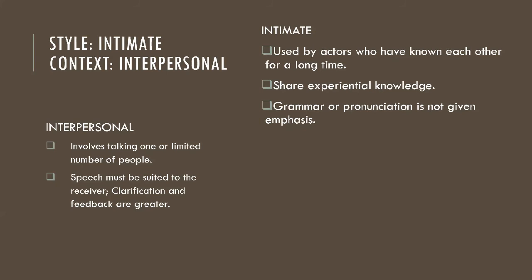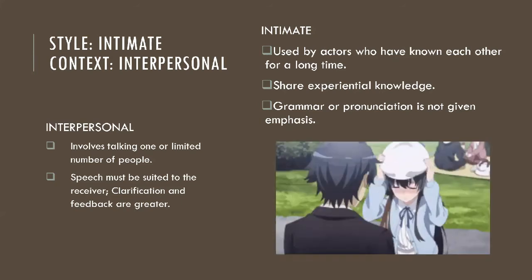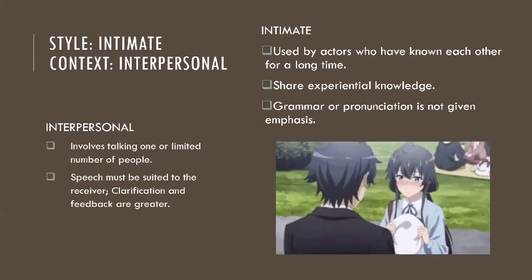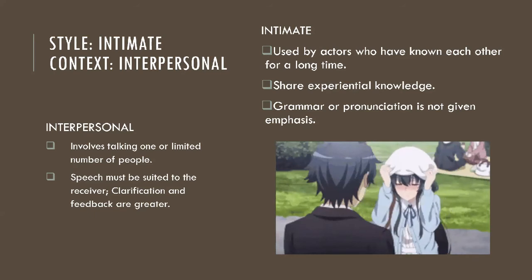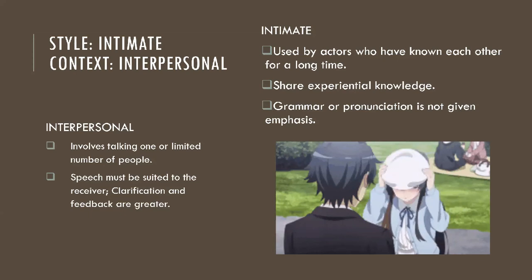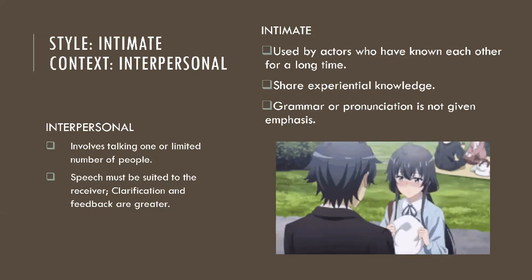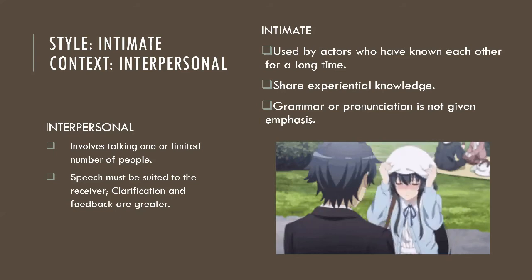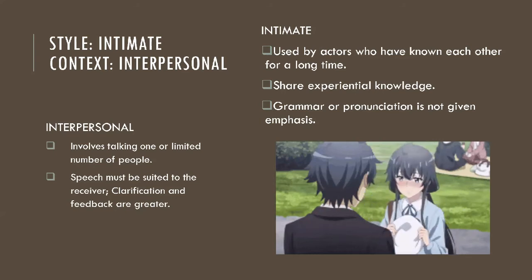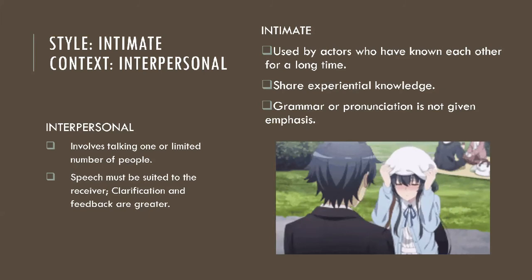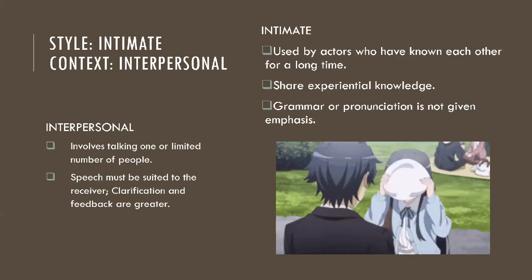An example when it comes to this style and context is a conversation between couples. It uses the interpersonal context since the speech is designed to a single person. Both of the actors have known each other for a long time and share similar experiences or schema.